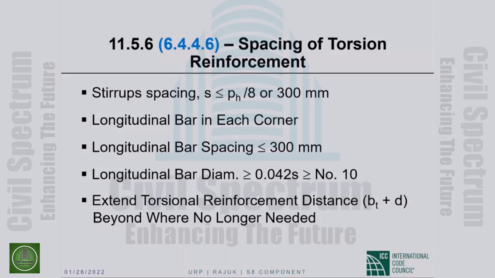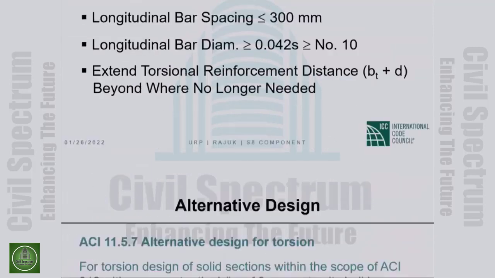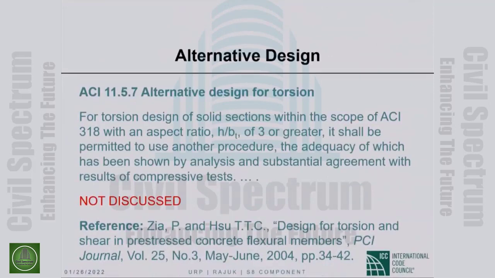The longitudinal bar spacing is no more than 300 millimeters. Longitudinal bar diameter no less than 0.42 times the spacing, nor less than number 10. And extended torsional reinforcement distance is b sub t plus d beyond where it is no longer required. So quite a few details that you have to be aware of.